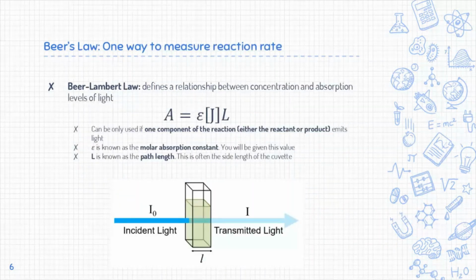Okay, moving on. So how do we measure reaction rate? And what is Beer's law? And why do you learn it? Beer-Lambert's law is very important in kinetics because it creates a relationship between the absorption of light by a material and the concentration of a colored solution. I think absorption is a concept that's kind of hard to understand, so I'll give you a brief analogy: colored glass.